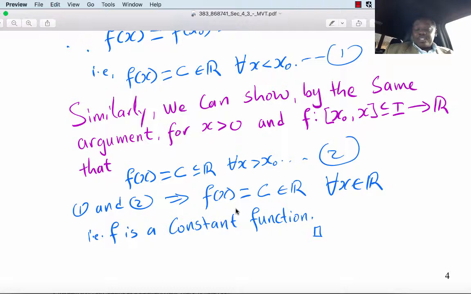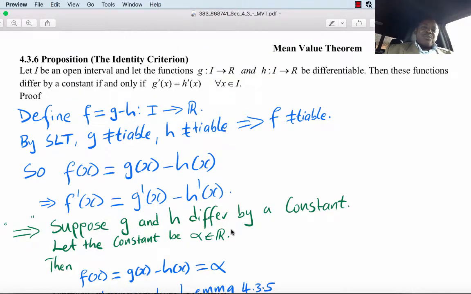F of x equals c for every x greater than x naught. F of x naught equals c. Therefore, we conclude that for every x in R, f of x equals c, i.e. f is a constant function. Done. Beautiful.